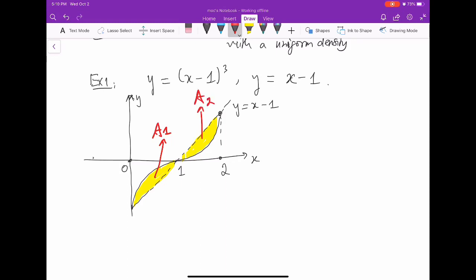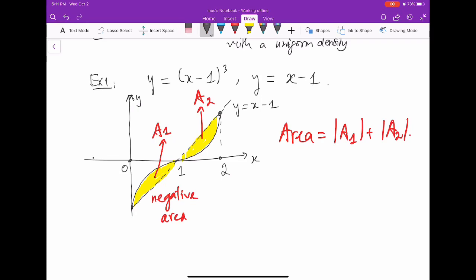It's obvious that A1 is negative area, and A2 is positive area, because A1 is below the x-axis and A2 is above the x-axis. So in order to find the total area, we need to find the area of A1, the area of A2, and then the total area is equal to the absolute value of A1 plus the absolute value of A2.